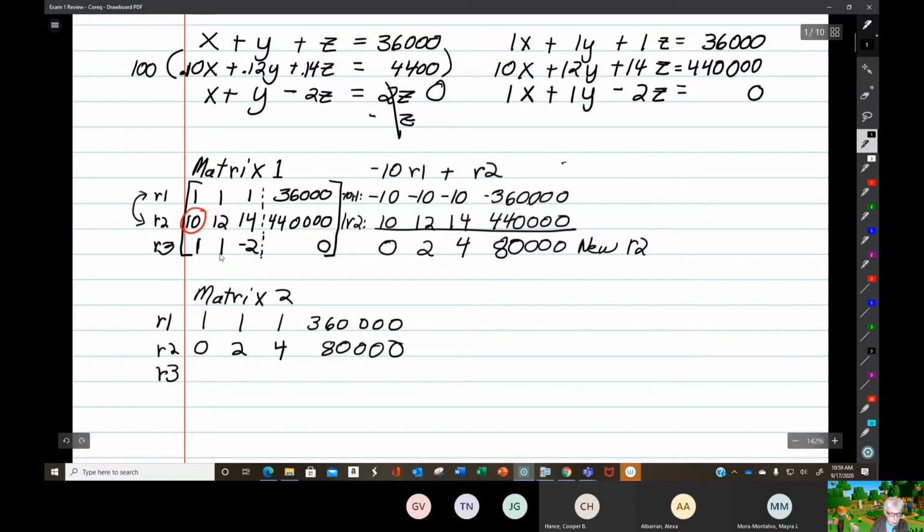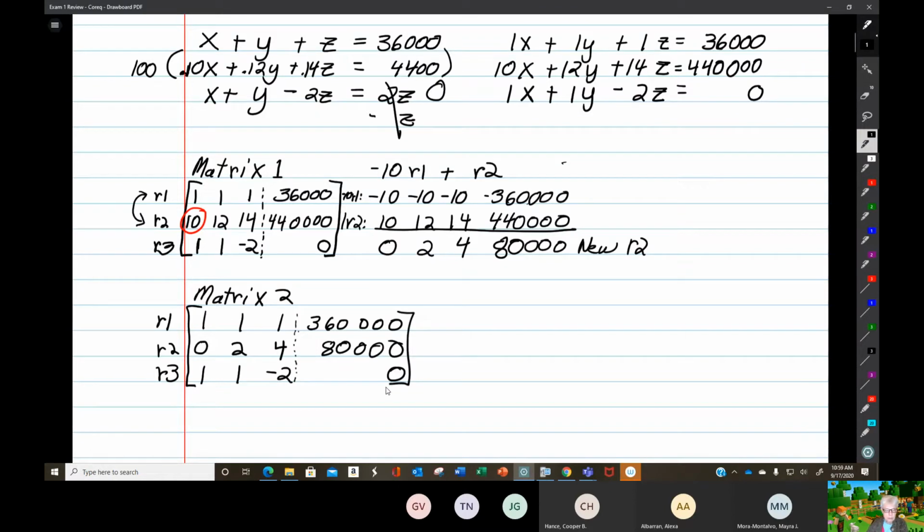And then row 3 is 1, 1, negative 2, 0. Okay. All right, there we are.